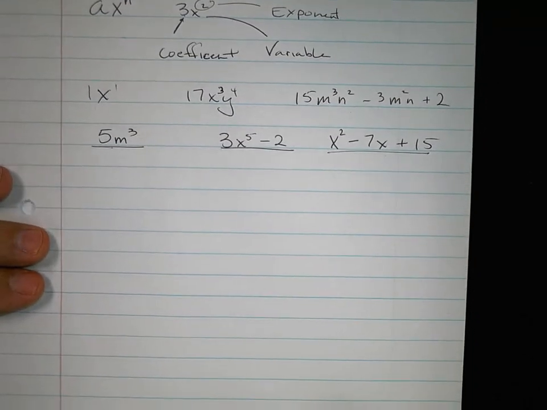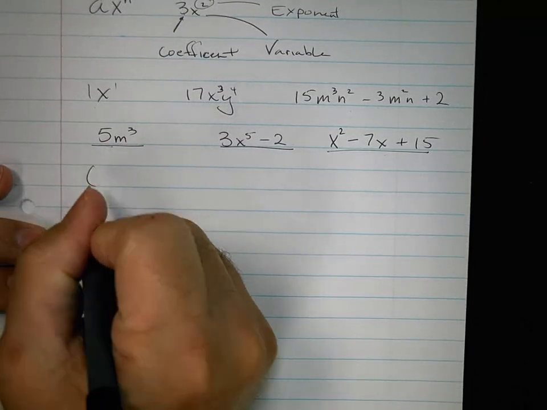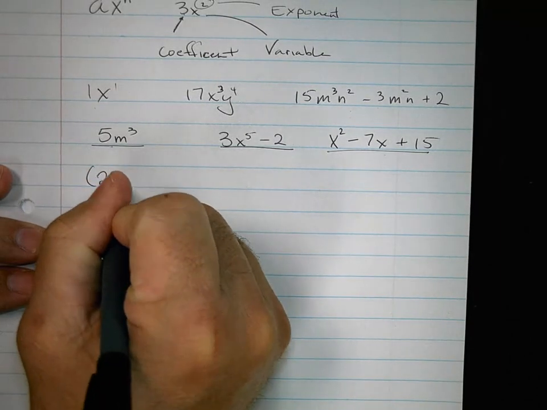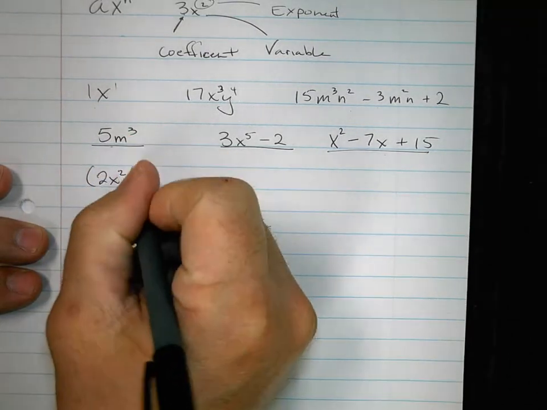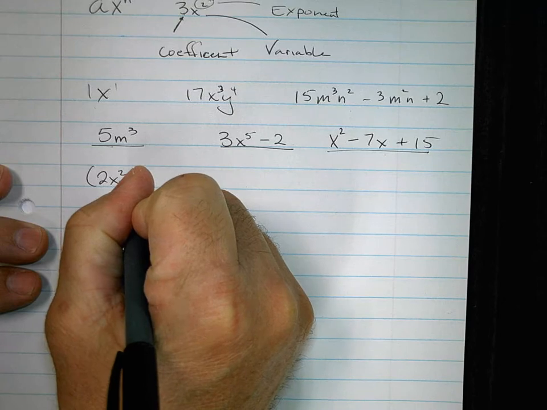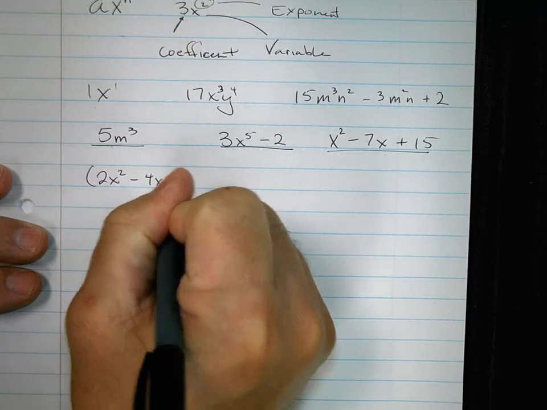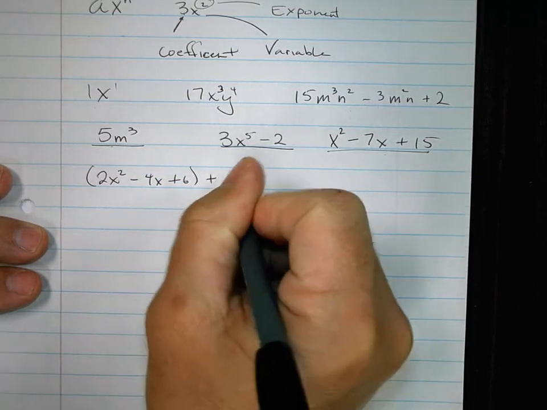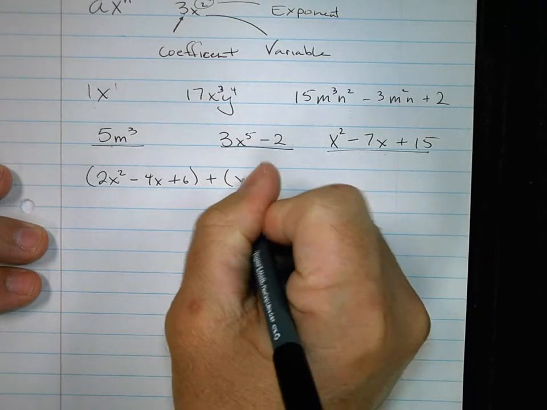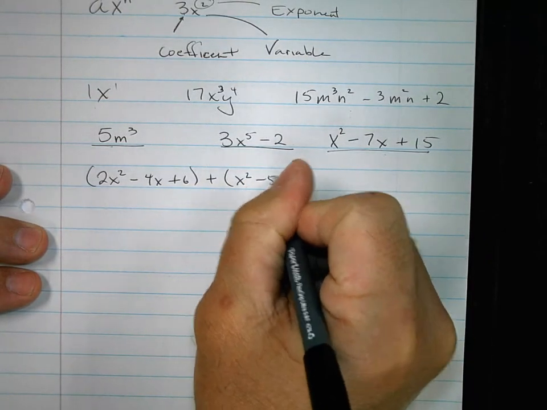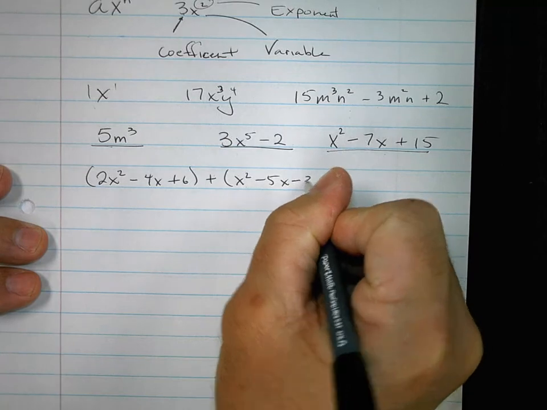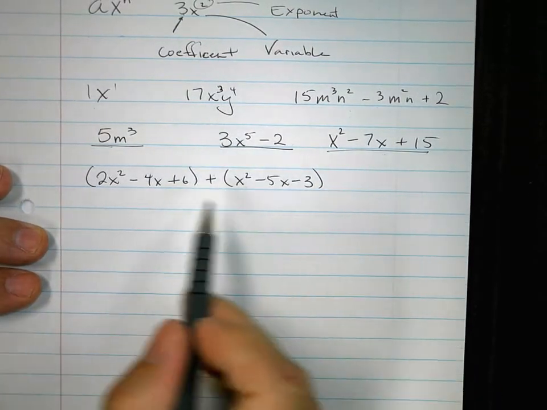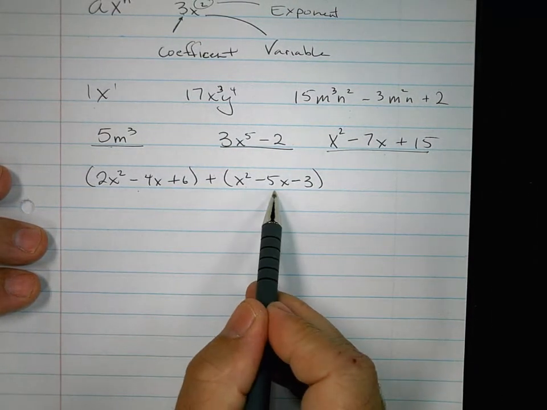In this unit, you'll be asked to combine like terms, like if we took 2x squared minus 4x plus 6 plus x squared plus 5x minus 3. When we're combining like terms, we're adding one polynomial to another polynomial.